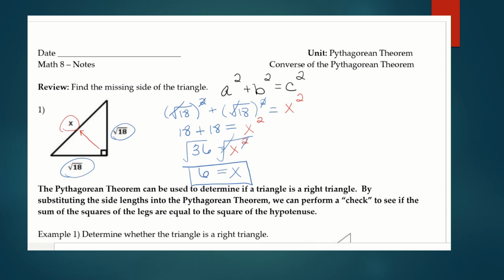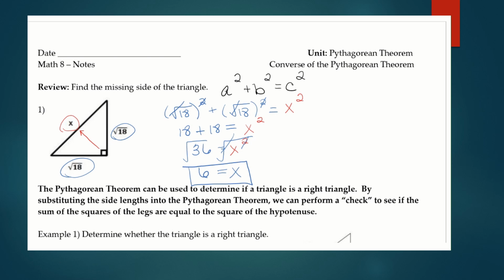So instead of knowing that we have a right triangle and using that fact to find missing side lengths, we're going to instead be given the three side lengths of a triangle, and we're going to use the Pythagorean theorem to determine if the triangle is in fact a right triangle.